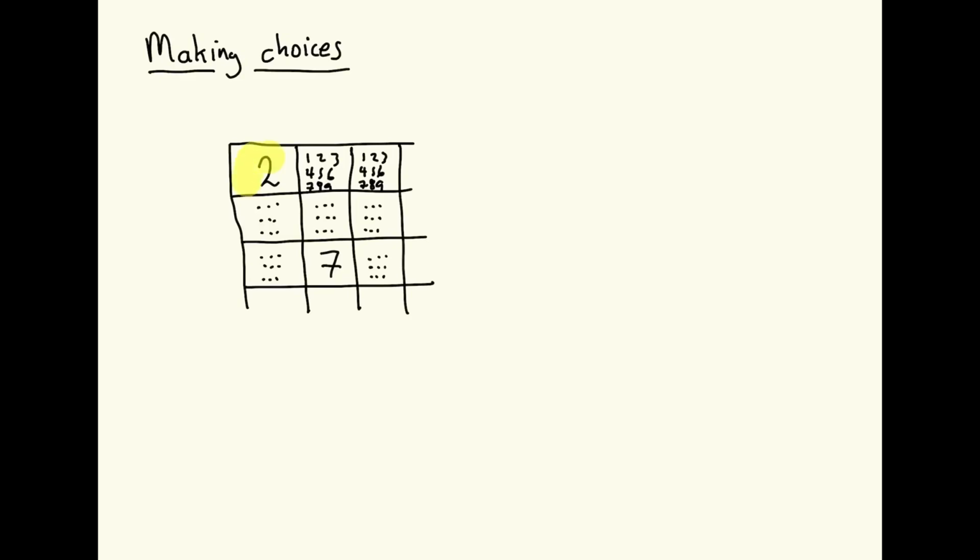Because, for example, we have the value 2 sitting here, so there's no point in having any 2's anywhere else in the row, or anywhere else in the column, or in fact anywhere else in that top 3 by 3 box. But we're not trying to be clever here. We'll do that later on. The choices function just simply replaces each blank cell by all the possible numbers between 1 and 9. No attempt to be clever at all at this point.